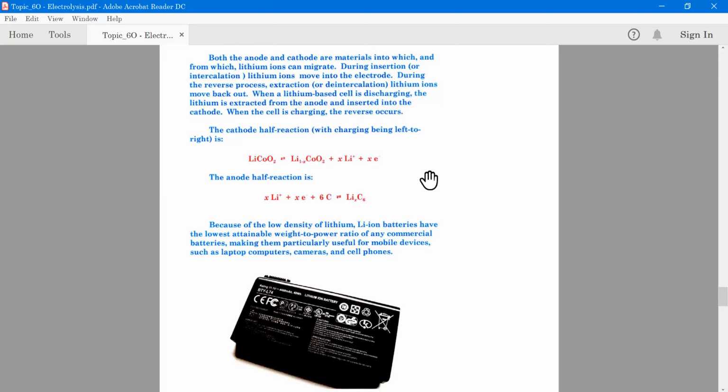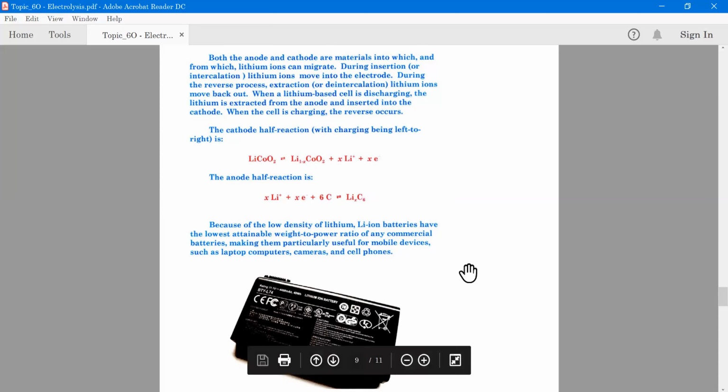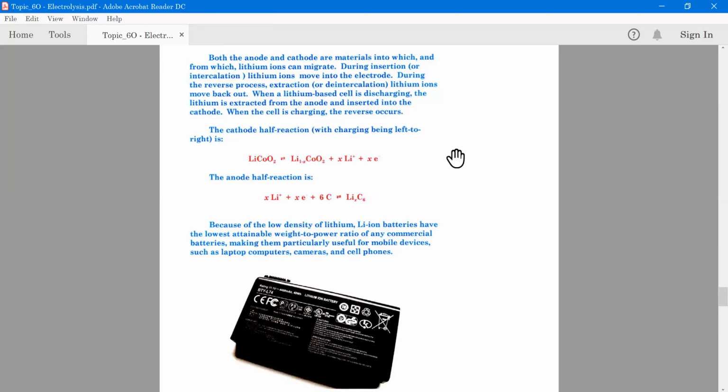The reason that the lithium-ion battery is so useful for devices like this is because of the simple fact that it uses lithium, which is very, very light. The density of lithium is sufficiently small that batteries with the same amperage possibility that are made from other metals weigh 2 or 3 times as much.